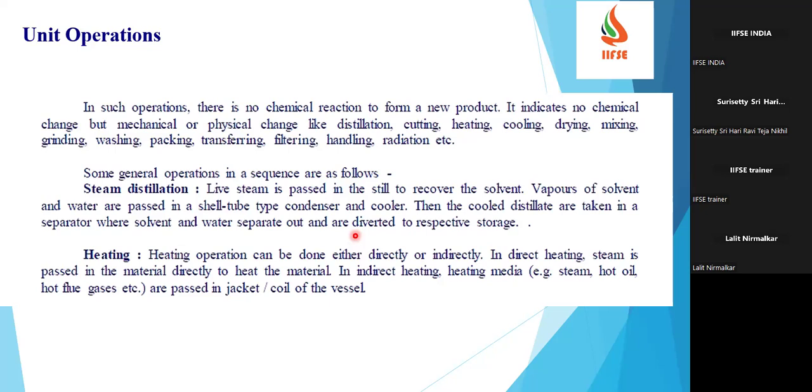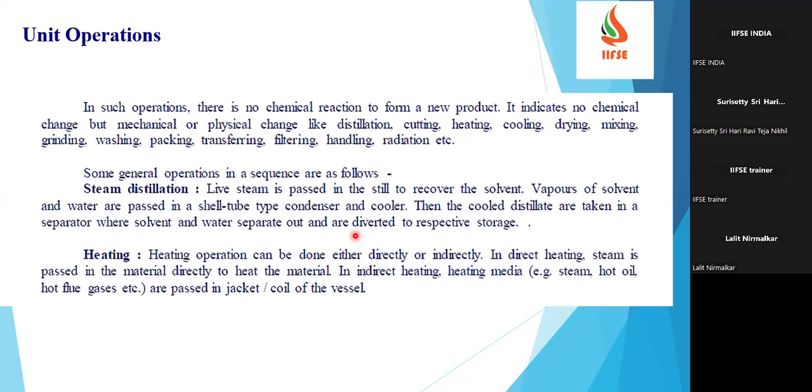Some general operations in sequence. One is steam distillation, where live steam is passed into the still to recover the solvents. We use steam as a heating element and apply it on the solvent so that the materials are recovered. The vapors of the solvent and water are passed through a shell and tube type condenser and cooler.